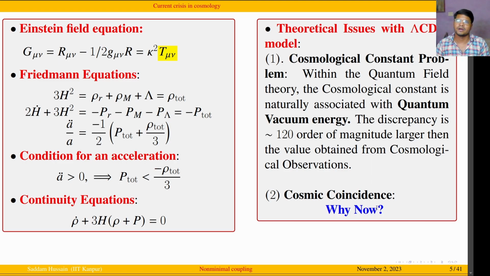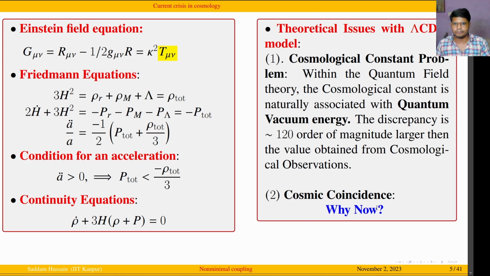Similarly, we have the second equation: 2Ḣ plus 3H squared is equal to the negative of the total pressure. If I express this in terms of the scale factor, then we get a double dot, which, if the universe is accelerating, has to be positive. Therefore we get the condition that the pressure must be less than minus one third of the energy density. From the observations, we understand that this has to lie between -1 and -1/3.